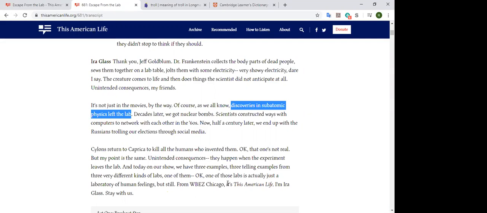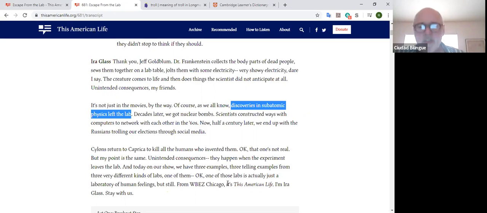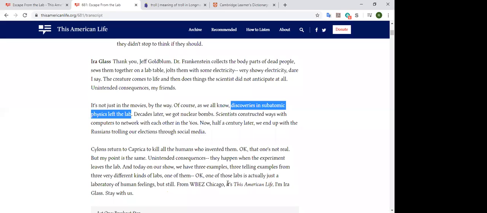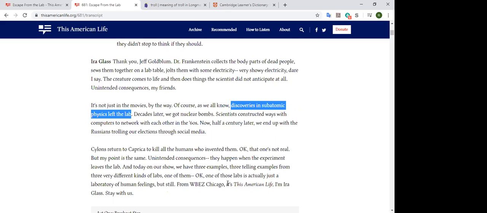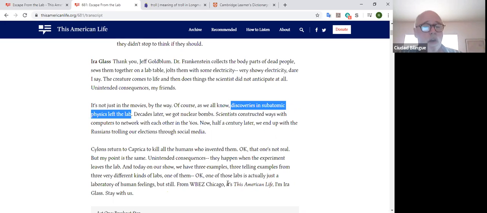So subatomic physics is those things smaller than atoms: electrons, protons, neutrons. Do you know what those are? I think they're similar also in Spanish. Yes, popular in chemistry. Like the movie Ant-Man. The movie what, sorry?